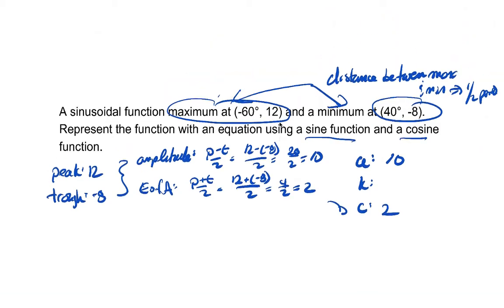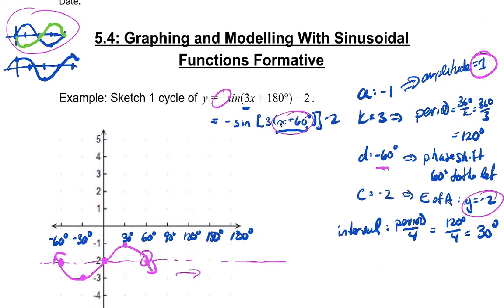And that goes back to what I said before, in that a sinusoidal curve is always broken up into 4 equal parts, and between the minimum and the maximum is going to be half the period.